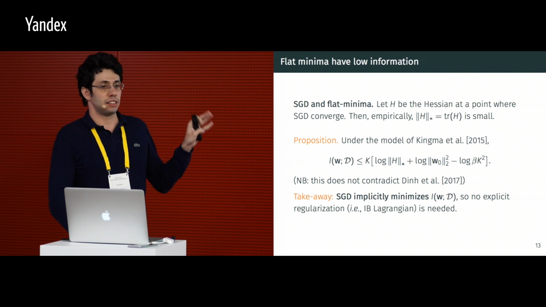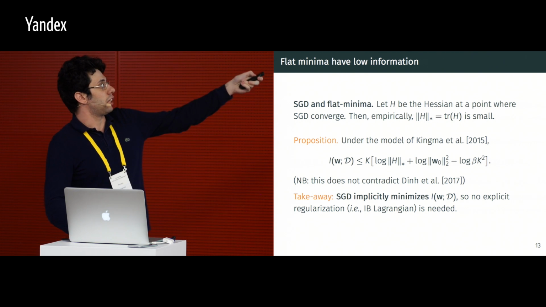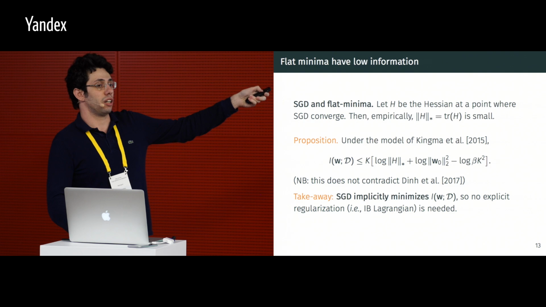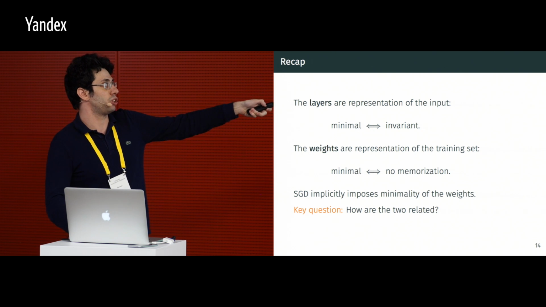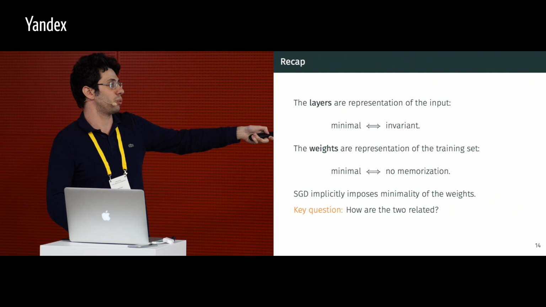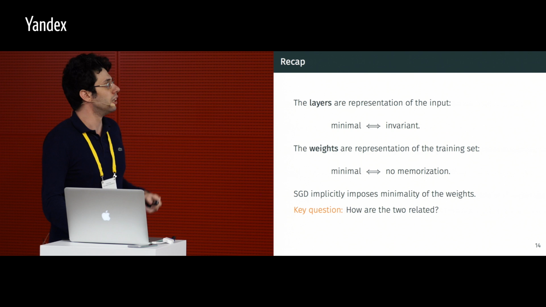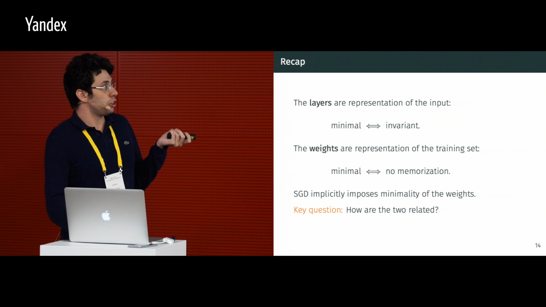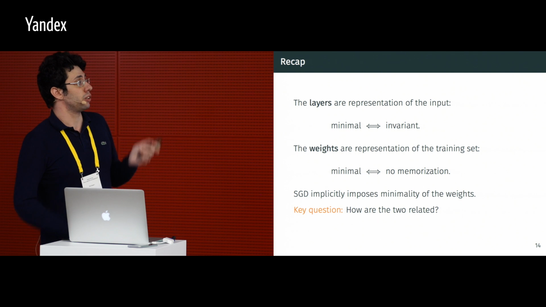Now, the very last thing that we need to do is to connect these two things, the representation that we learn in the layers and the representation of the weights that we learn. So the minimality of this, which is connected to invariance, and the minimality of this, which is connected to non-memorization of the dataset. And the relationship is actually pretty clean, at least in the case of one single layer.